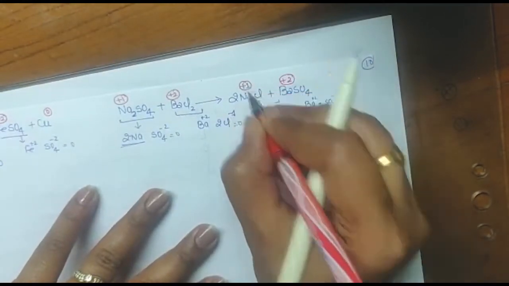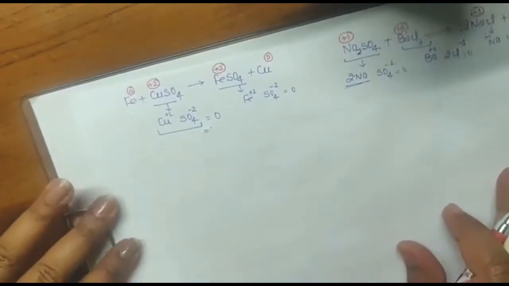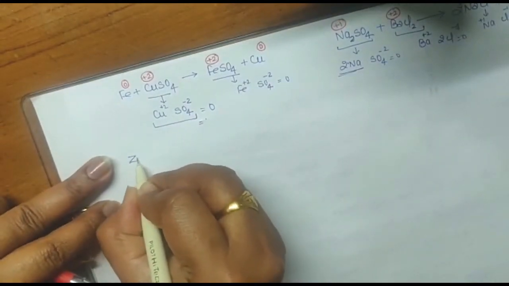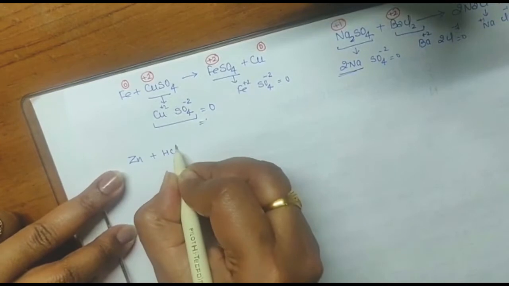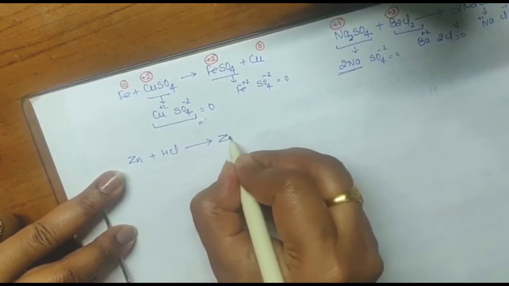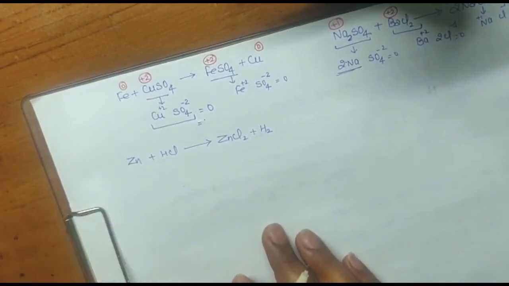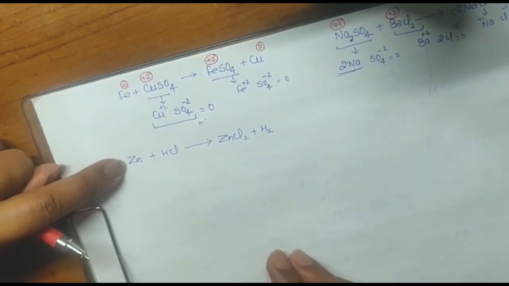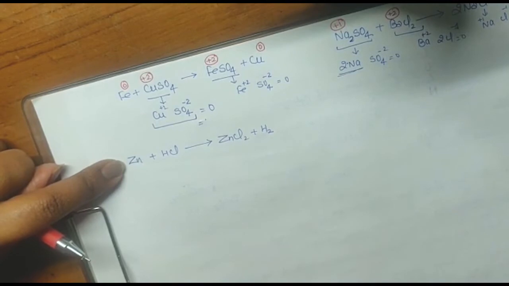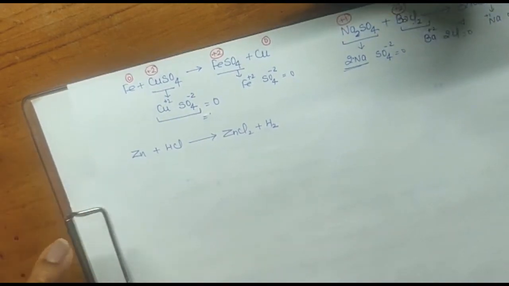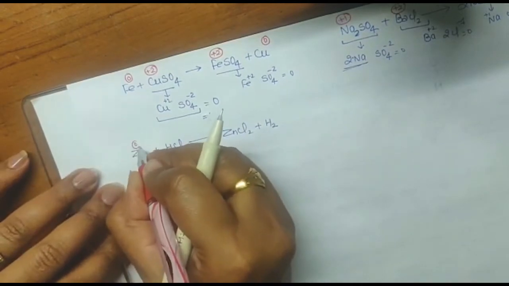Got it? Another example, if we take Zn plus HCl changing into ZnCl2 plus H2. Suppose Zn is in free state, and I told you the first rule: if any atom is in free state it will have 0 charge, so I'm writing 0 over here.